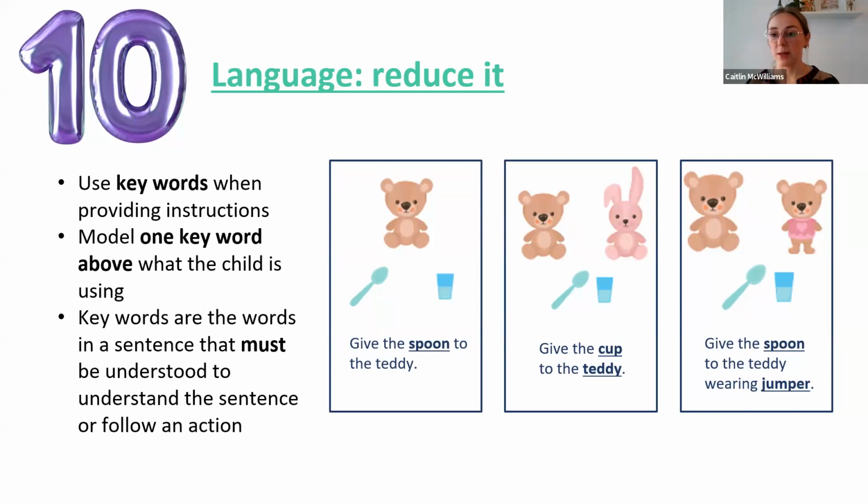So you've got 2 information carrying words in the instruction, give the cup to the teddy. And in the last box, although this one might look more complicated because it's got a jumper involved, it's still just 2 keywords, because we've got 2 teddies, one of them wearing a jumper, one of them isn't, and a spoon and a cup. So, give the spoon to the teddy wearing a jumper.